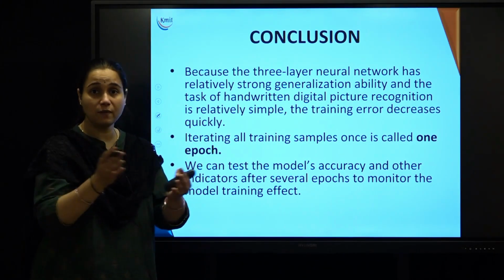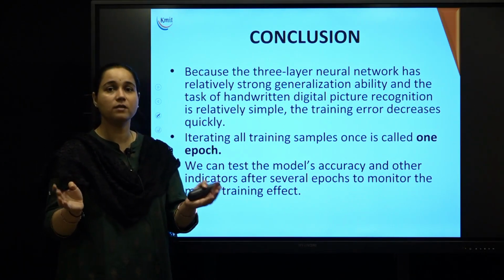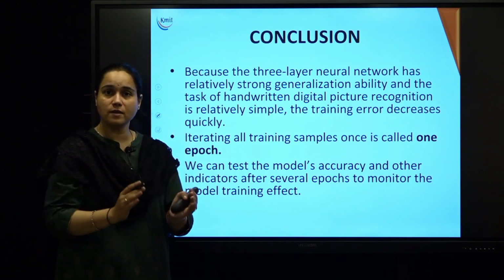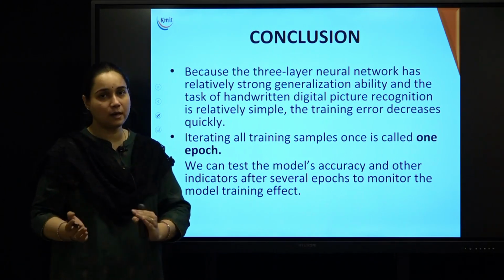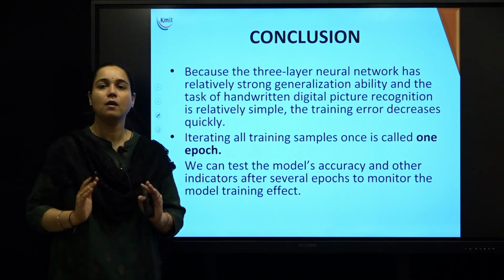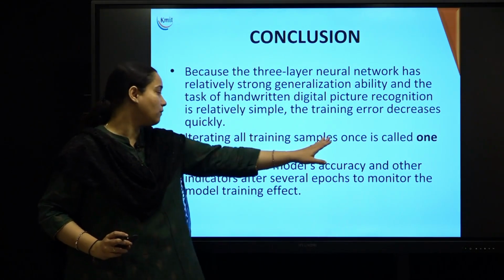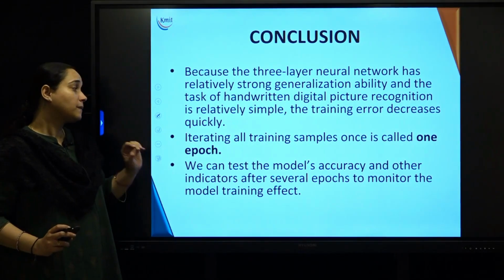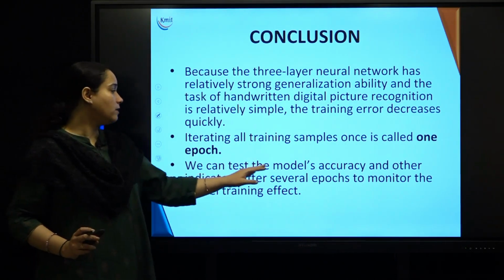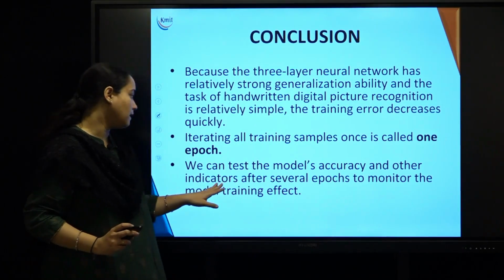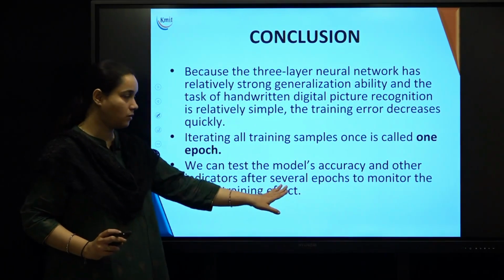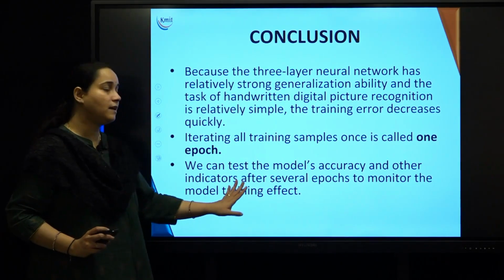Based on that we have seen several types of algorithms also, vanilla, stochastic, mini batch. You know, there are other strategies by which you will implement your gradient descent algorithm. So, iterating all the training samples once is called one epoch, and then we can test the model's accuracy and other indicators after several epochs to monitor the model training effect.